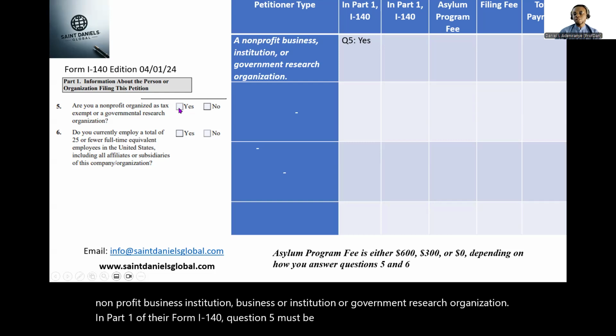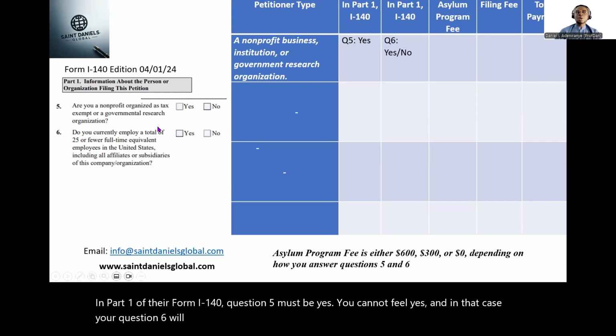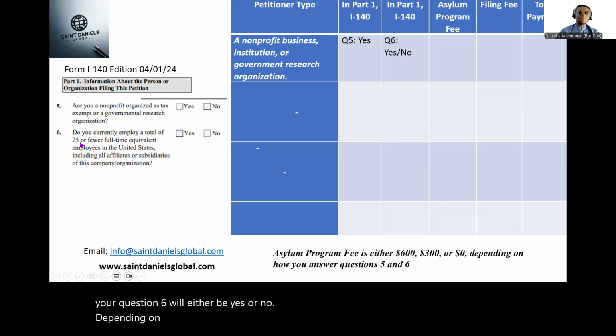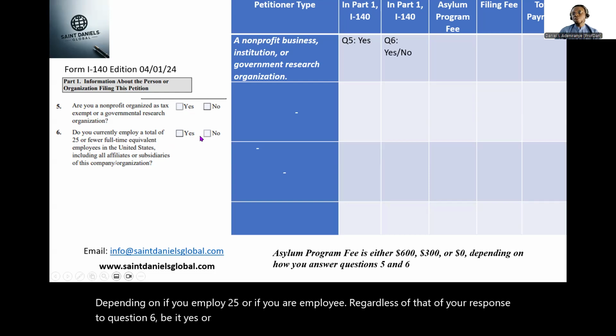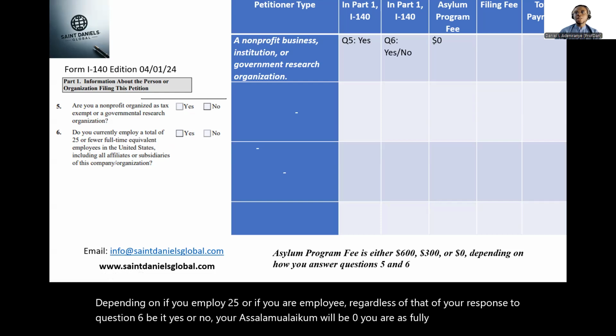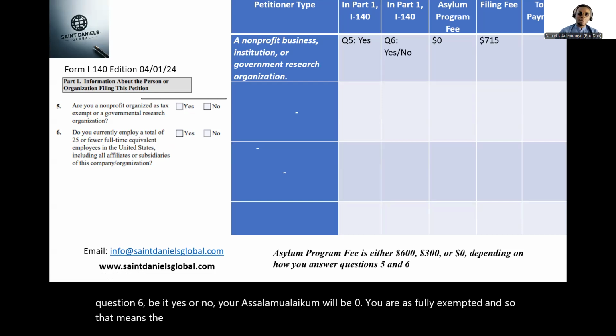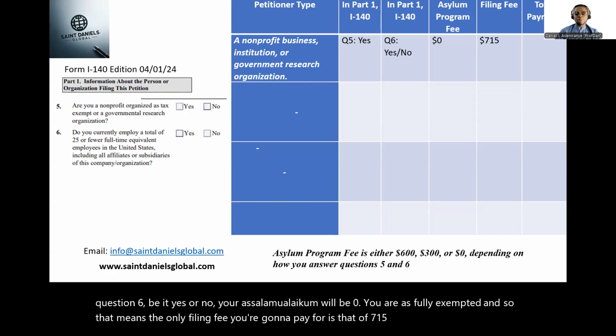You're going to fill yes. And in that case, your question 6 will either be yes or no, depending on whether you employ 25 or fewer employees. Regardless of your response to question 6, be it yes or no, your asylum program fee will be 0. You are fully exempted. And so that means the only filing fee you're going to pay is the $715 for the I-140.